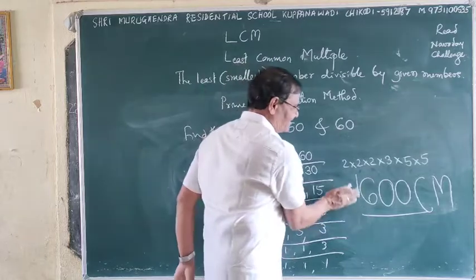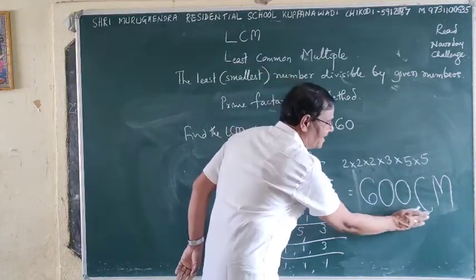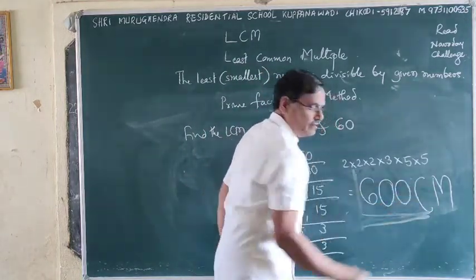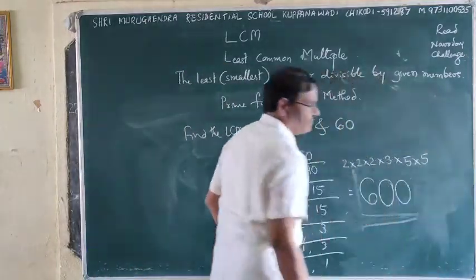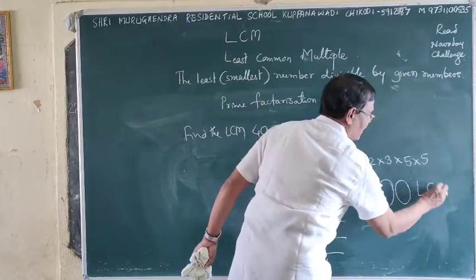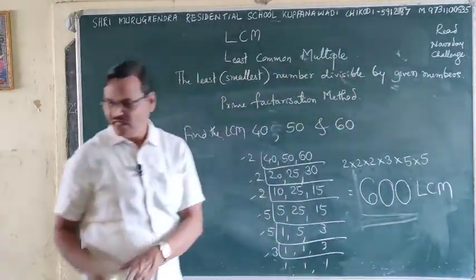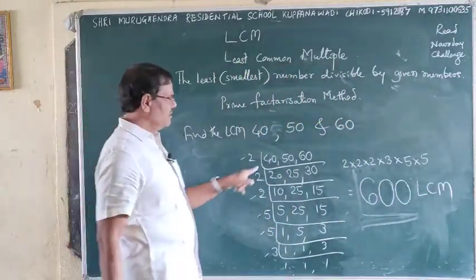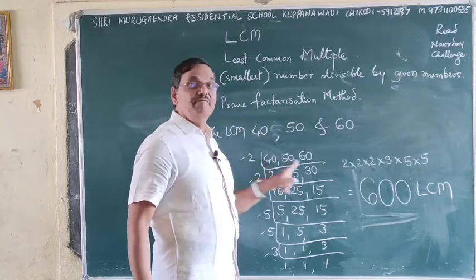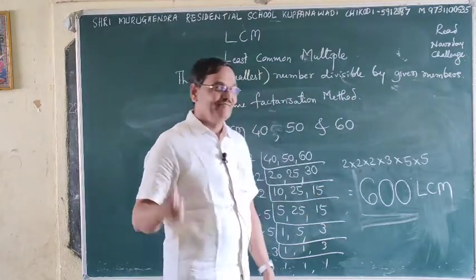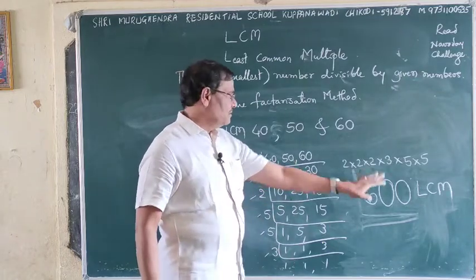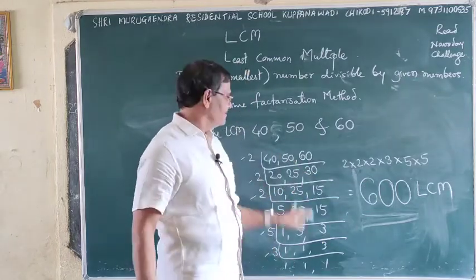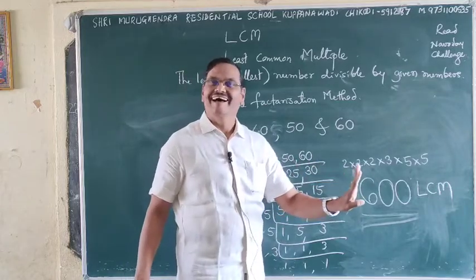Don't write like this, not making any design in mathematics, because you will be confused between 1 and all other things. LCM. See, check it. 40 15s are 600. 50 12s are 600. 60 10s are 600.